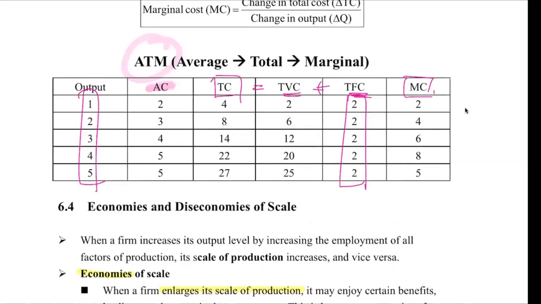You can see that here, the change in the total variable cost is equal to 4, from 6 to 12, then equal to 6. You will find that all these changes are the same as the change of the total cost. Maybe you need to follow.